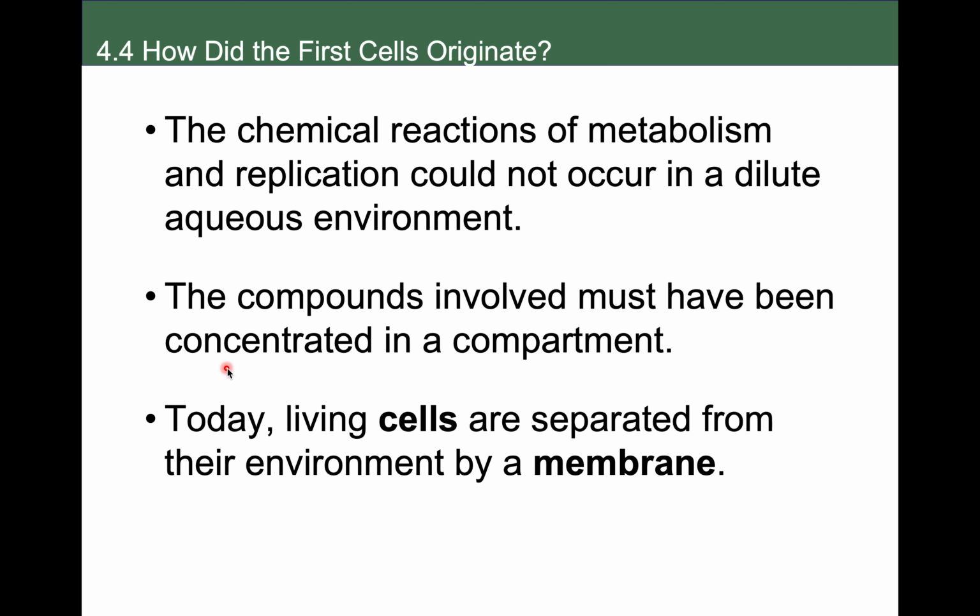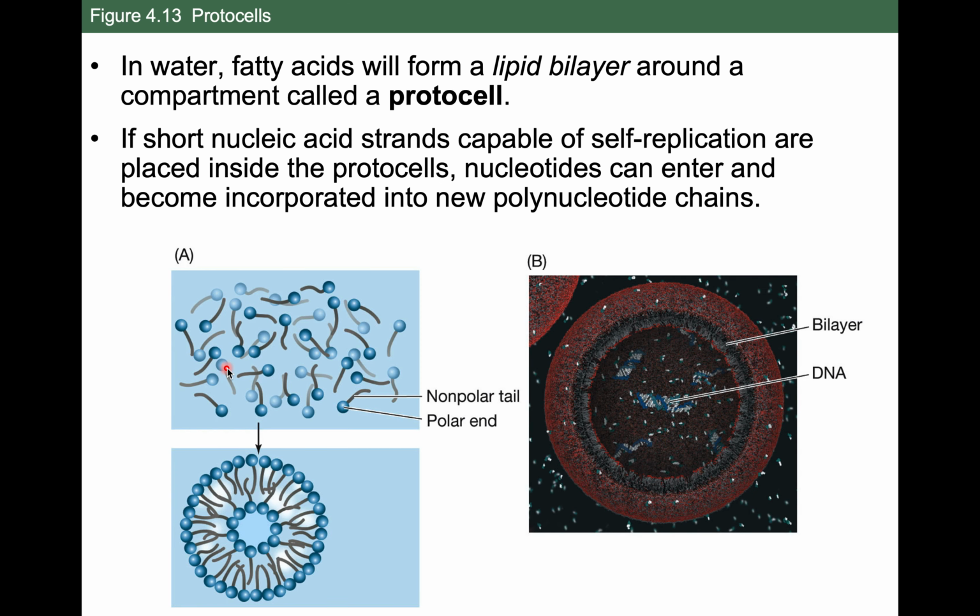And then in terms of how the first cells might have originated, we talked about the fact that if you put phospholipids into an aqueous environment, they will spontaneously form a lipid bilayer. In fact, they will actually spontaneously form little spheres, which some scientists call protocells.